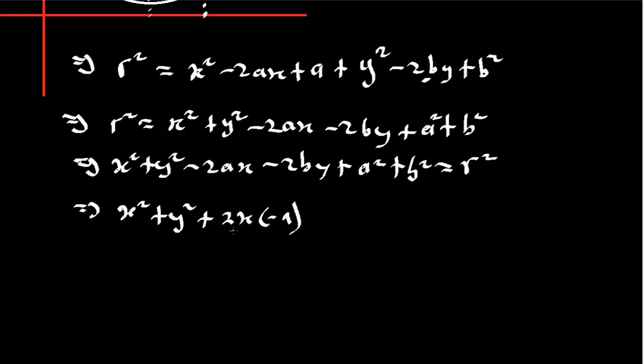Note that if I multiply the 2x by negative a, I'll come back to negative 2ax. But for the purpose of our calculation, we have factorized the 2x from the negative a. So here too, I'll do the same, plus 2y, then negative b in bracket, then plus a square, then plus b square equal to r.